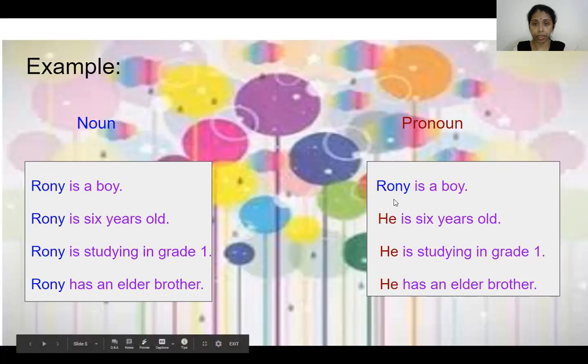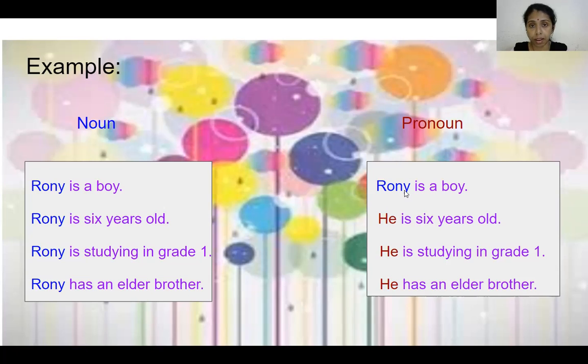So here we can see that Ronnie is the noun that I used in the first sentence, but from the second sentence I used he, which is pronoun. So in such way we can use pronoun in the sentence instead of using noun again and again.